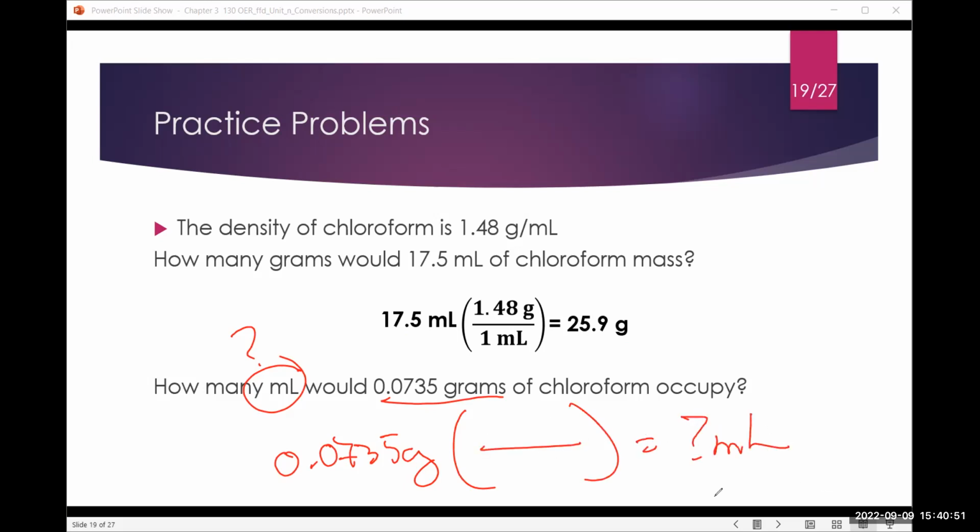That means milliliters will be in the numerator, because that's the unit I'm eventually going to get, and grams in the denominator. So now it is 1.48 in the denominator, and the numerator has 1. Check my units: grams cancel, leaving me with units of milliliters. So I've got it set up properly.